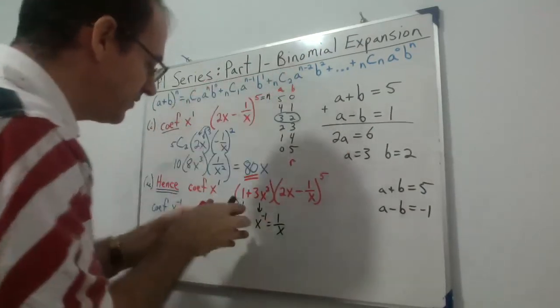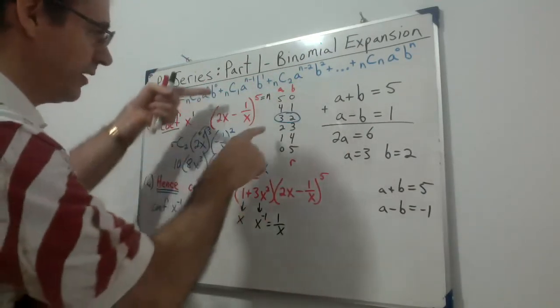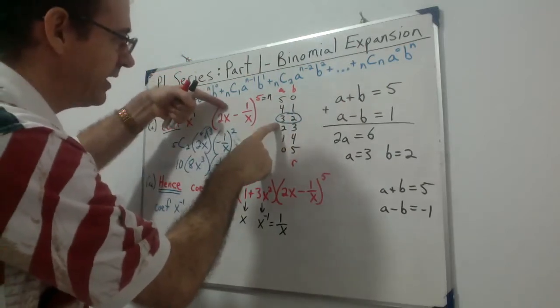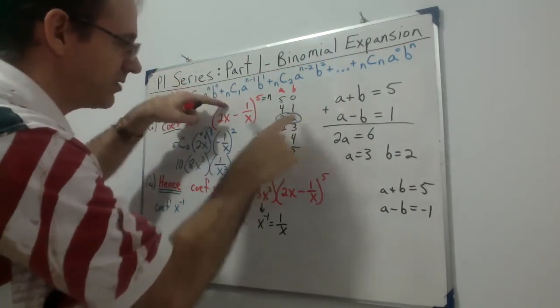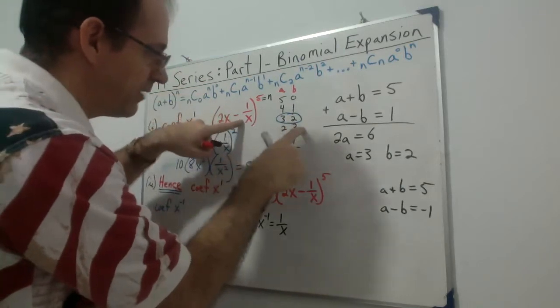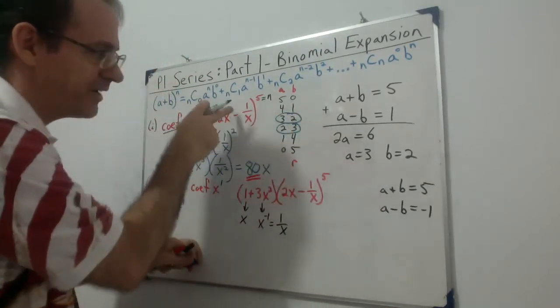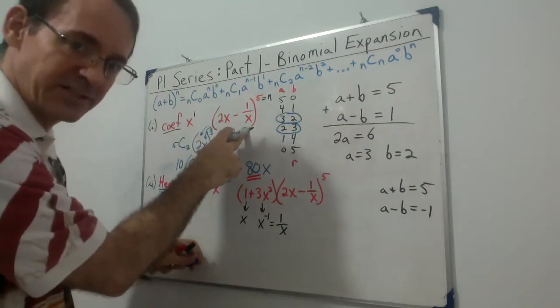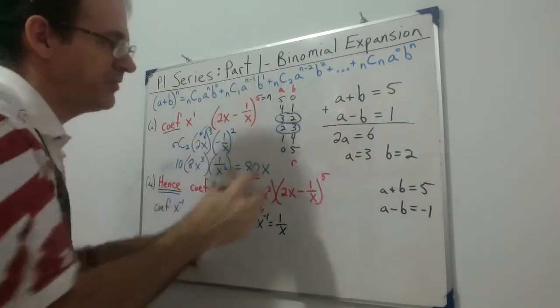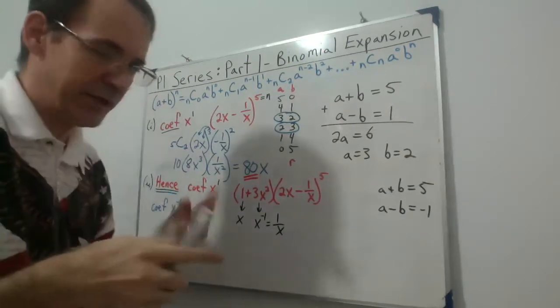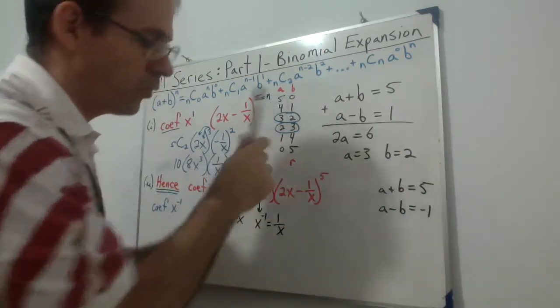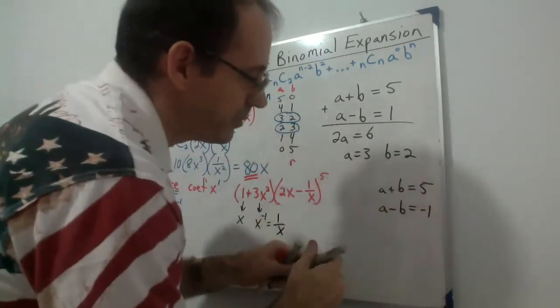If you're doing it mentally, you would just go through and say, okay, if this was 3 and 2, that gives you x to the 1. If this is 2 and 3, 2 on top, 3 on the bottom, that gives you x to the negative 1. So mentally is a little faster if you know what you're looking for. If you don't quite follow that yet, do it the algebraic way.